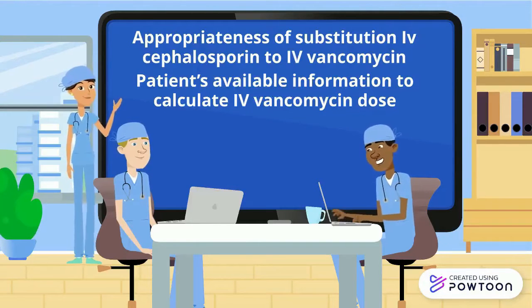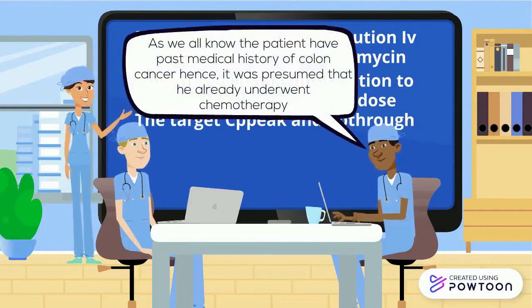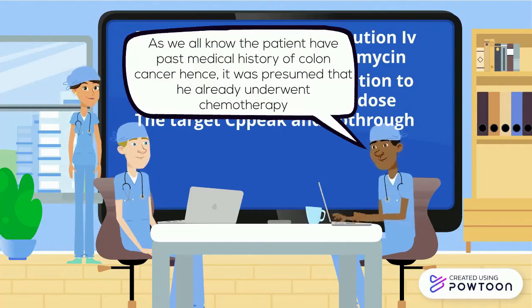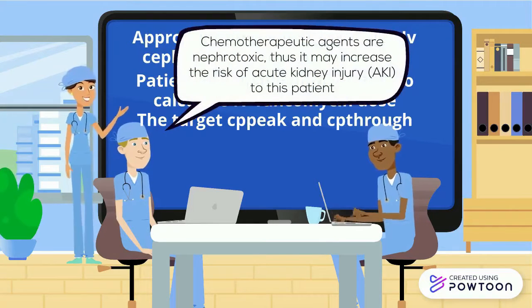Next assessment involves the target CP peak and CP trough. As we all know, the patient has a past medical history of colon cancer. Hence, it was presumed that he already underwent chemotherapy. Generally, chemotherapeutic agents are nephrotoxic, thus, they may increase the risk of acute kidney injury in this patient.